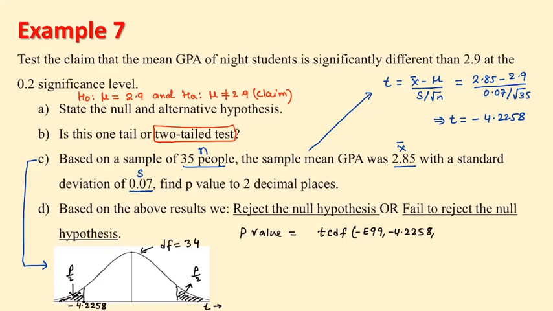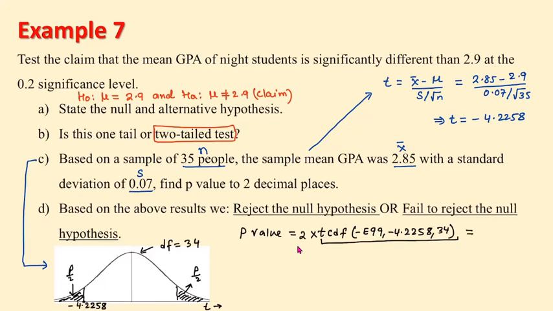We don't need mean and standard deviation. Instead, we need the degrees of freedom, which is 34. If we perform this calculation, we get the area on the left tail. But we want the total area, so after we get this value from the calculator, we have to multiply the result by 2.